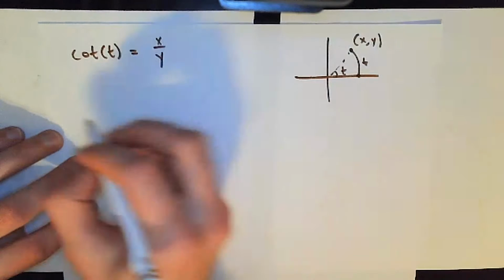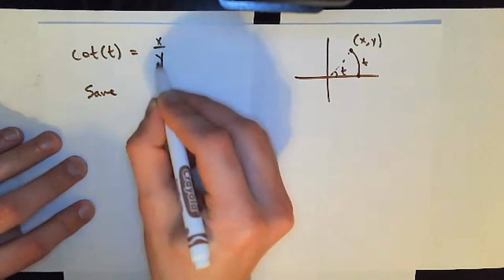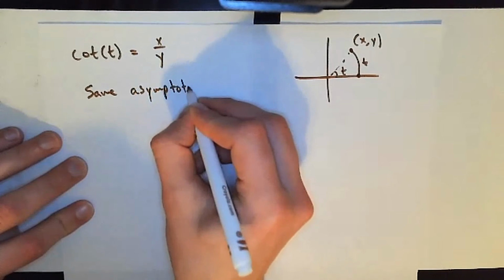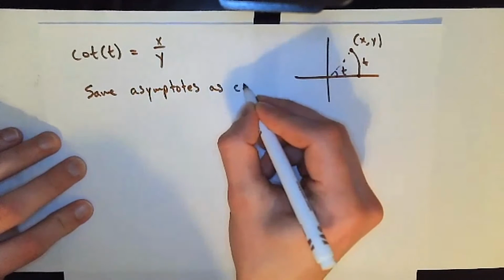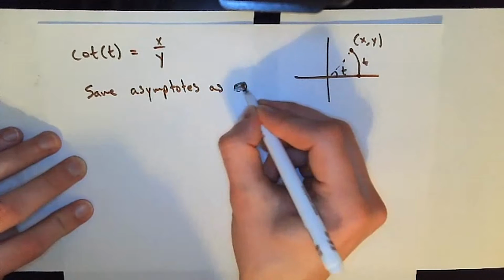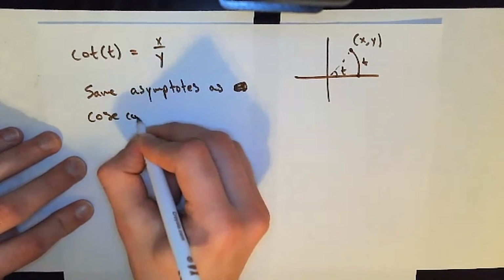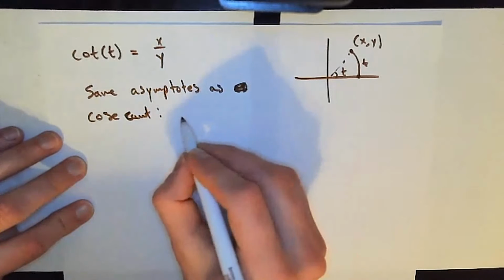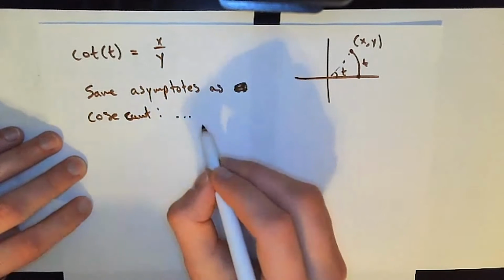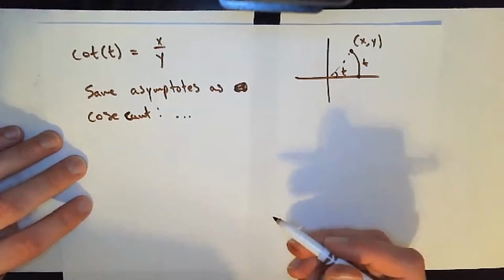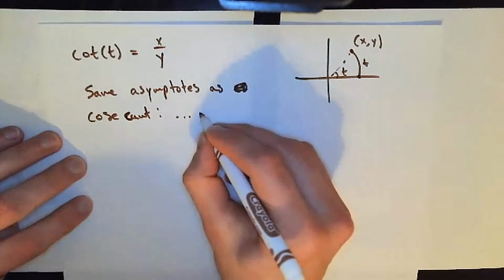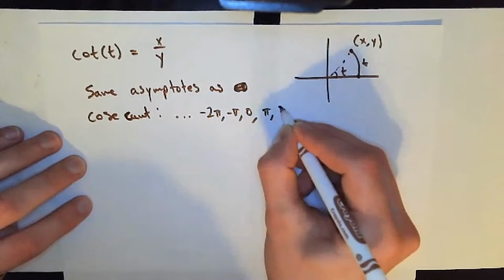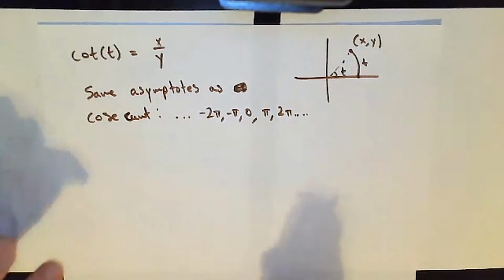It's going to be undefined where y is 0, so it's going to have the same asymptotes as cosecant. Cosecant is one word, and what were they? They were the multiples of pi. So negative 2 pi, negative pi, 0, pi, 2 pi, etc.